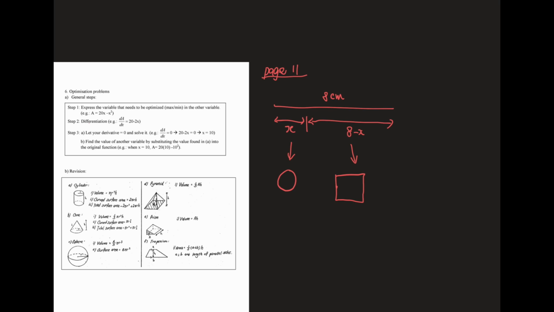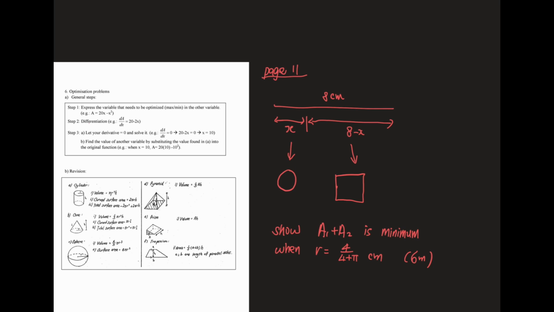Okay, so we need to show the sum of area is minimum when r, the radius of the circle, is 4 over 4 plus pi cm. This is a 6-mark question.